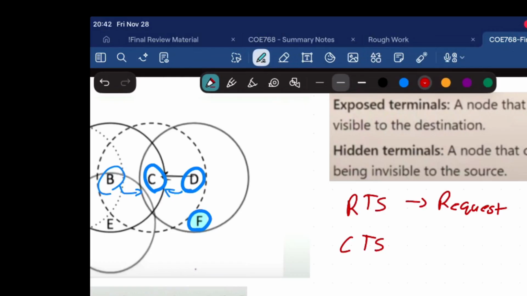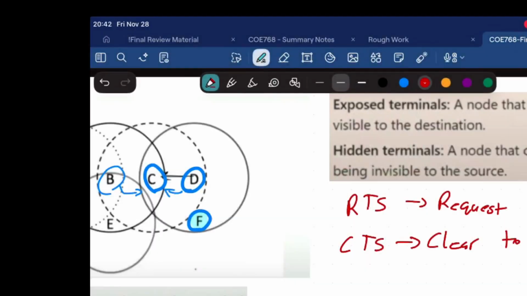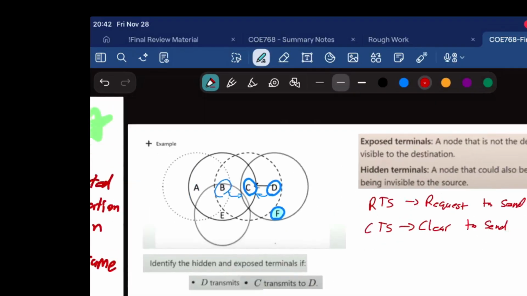And if all other nodes are okay with that, if no one else is about to send something, then the other nodes will send a CTS, stating that it's clear to send, and therefore D will be allowed to transmit. So hopefully that helps with CSMA/CA.